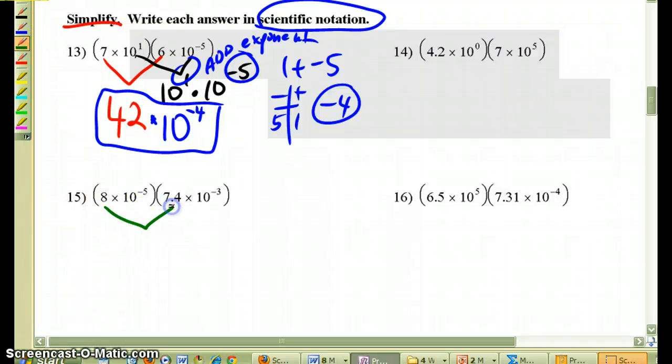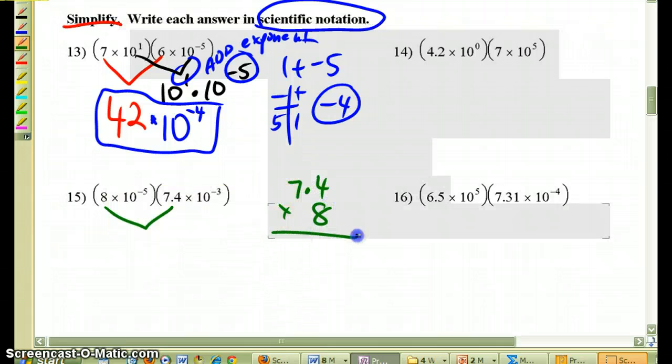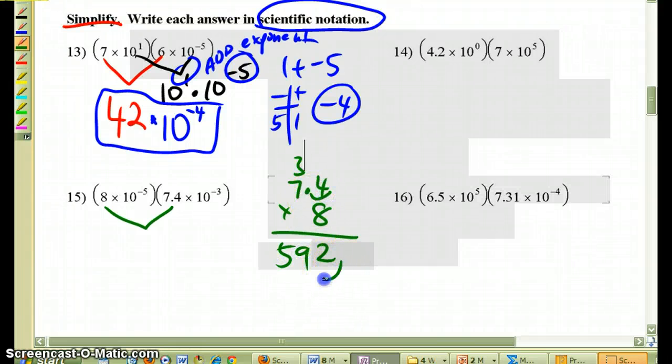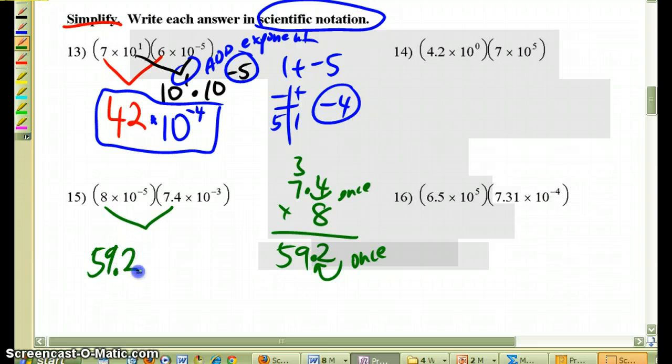15, I'm going to multiply 8 times 7.4. If I multiply decimals, I put the one with the larger digits on the top and the smaller digits on the bottom. So if I multiply that, I get 3, 5, 9. Because there's one decimal space, I'm going to go one space this way, and I get 59.2.